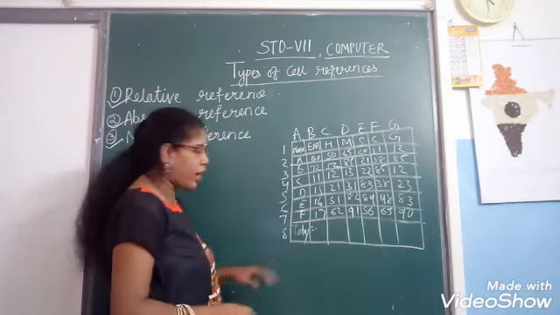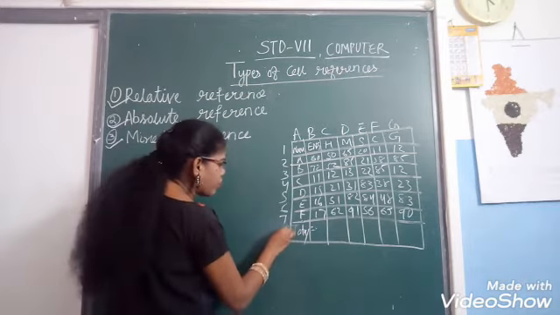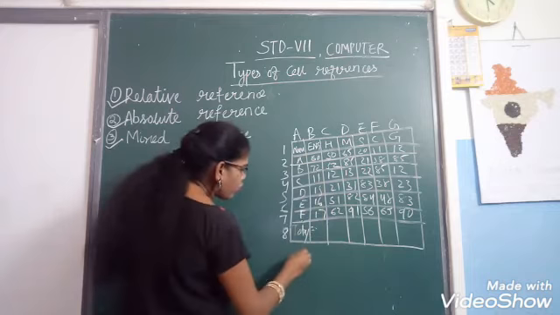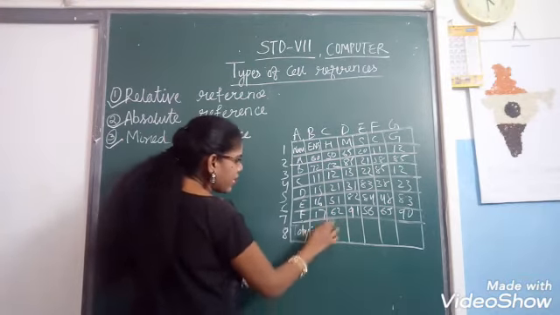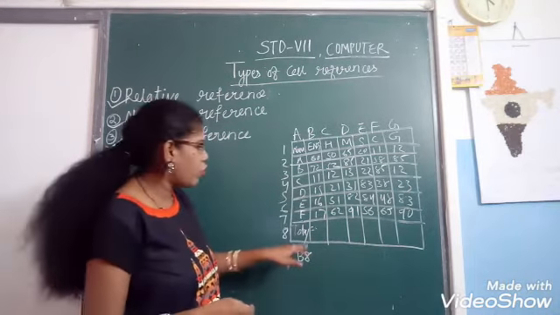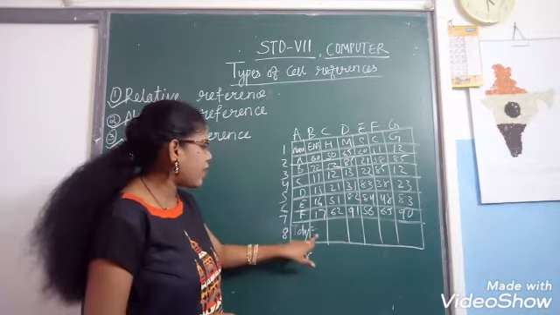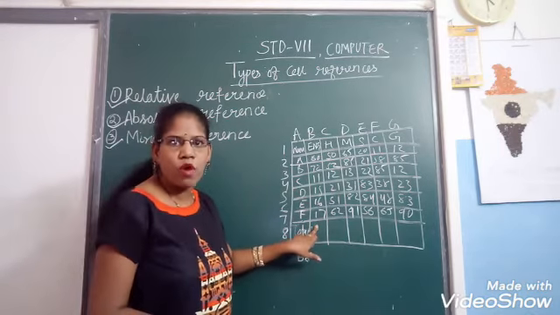The formula. I want to display the result in row 8, in B8. Yesterday what did I tell you? The cell address is what? Here B and here 8. I want the answer here, so I want to put the formula.